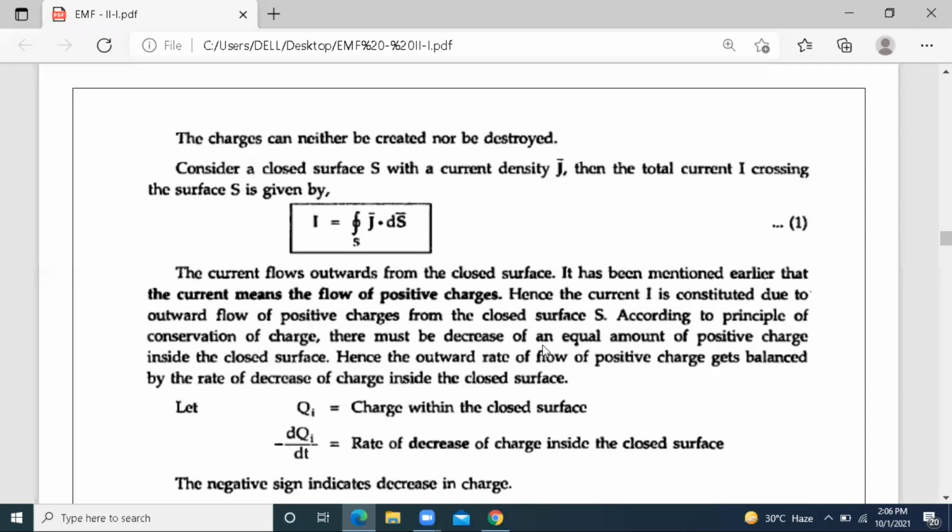So according to the principle of conservation of charge, there must be a decrease of an equal amount of positive charges inside the closed surface. In other words, charge flows out.